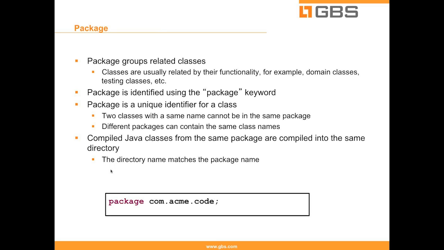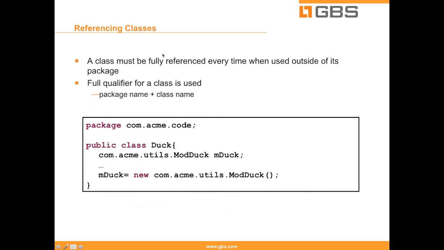For example, we create code here at GBS: com.gbs.code, com.gbs.util, com.gbs.training, and those are where we put those particular class references. If you've defined classes, or classes are defined for you, then you pull those in by the actual package reference.